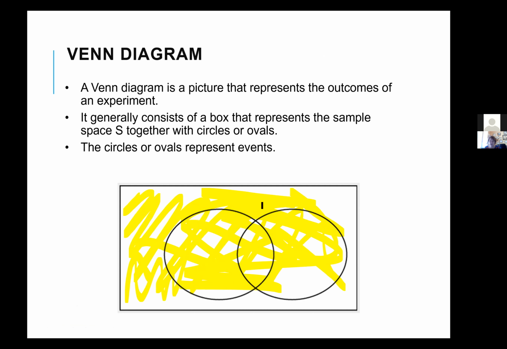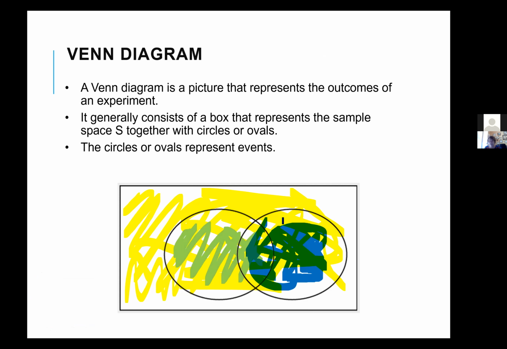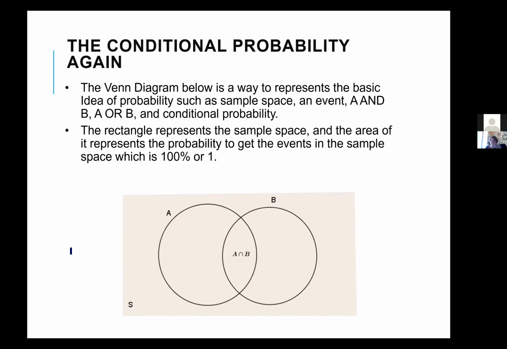And then the circles inside that sample space represent events. So this could be one event, and this could be another event. That's just one way we represent the outcomes of an experiment. The outcomes of an experiment is our sample space, and the events are whatever outcome we're interested in.